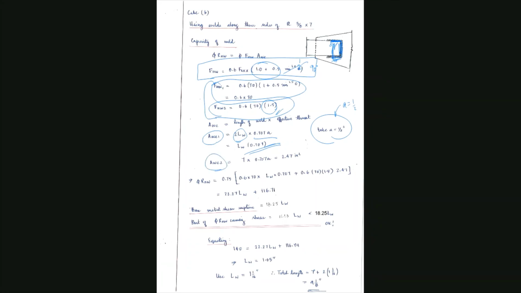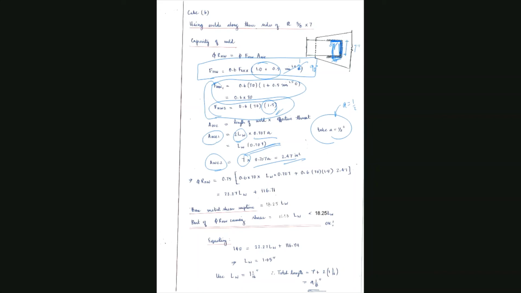AWE2 is a constant because you know the length of the weld here, because the width of this plate has been given to you in the beginning. I think it's 7 inch. So you know the length of the weld here, and it is a constant value. Now you substitute all of them, all what you have calculated here, into this.